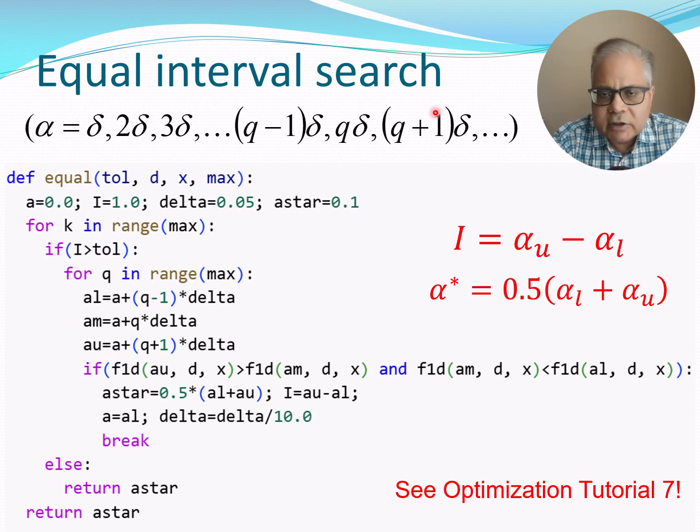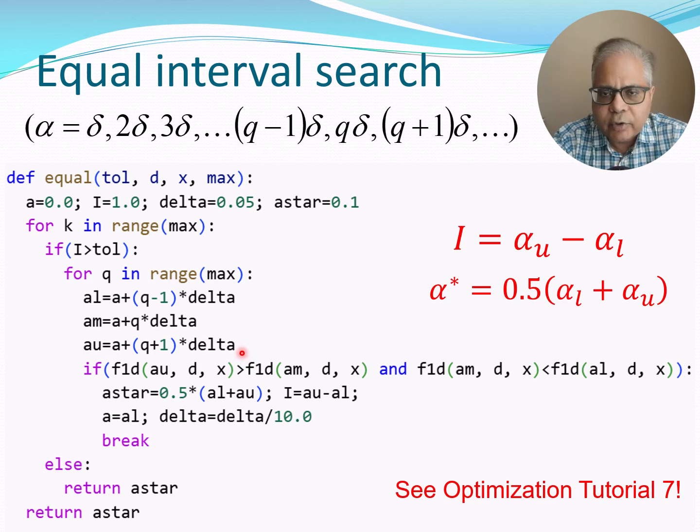Now for the one-dimensional search, I use this simple search function here, and what this function does is that it starts for a value of alpha, delta, 2 delta, 3 delta, all the way like this, and so it brackets the minimum between the points q minus 1 delta and q plus 1 delta, which you see here.